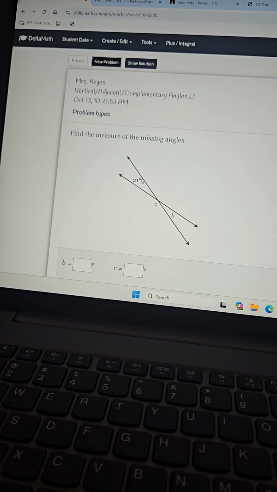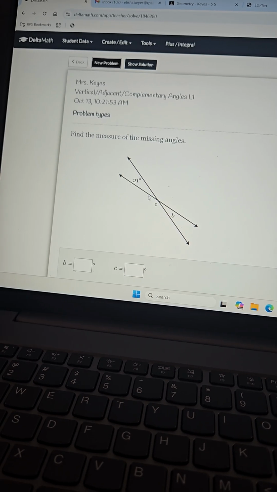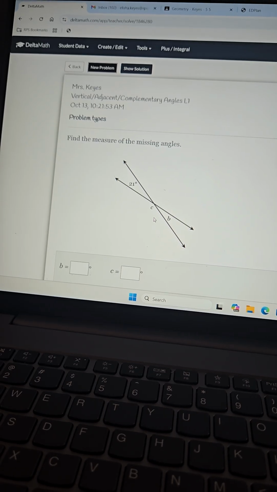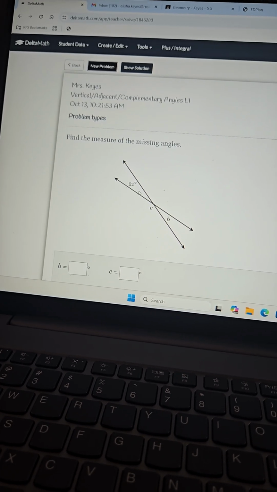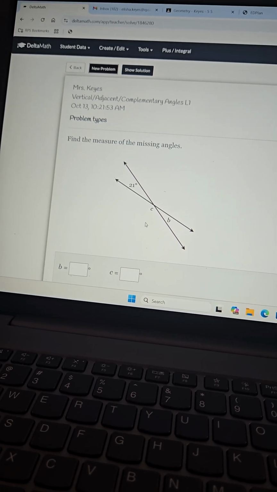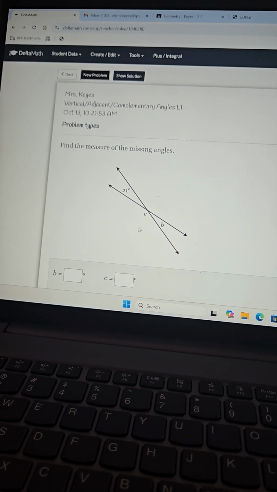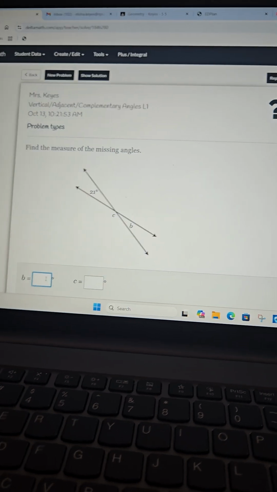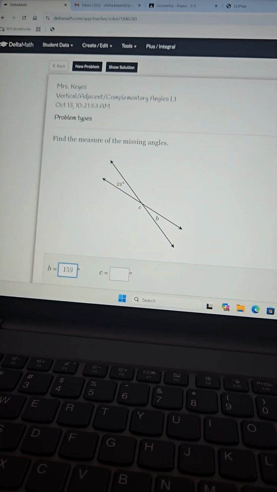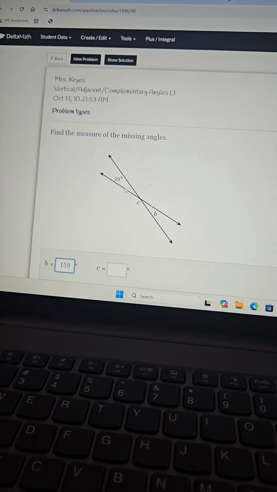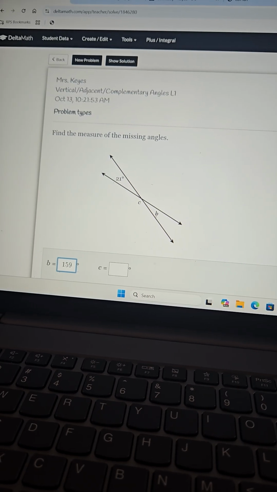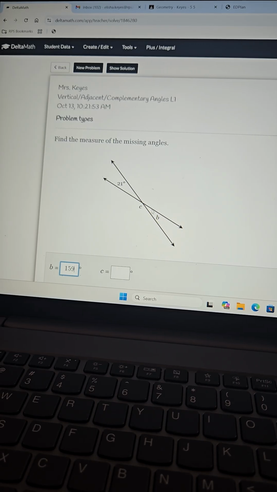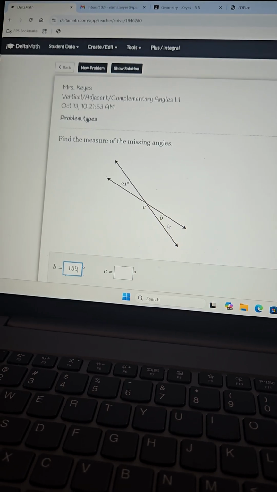This angle and this angle here create this line. So once again, if we know the whole line makes 180, the total's 180, the given's 21, 180 minus 21 would be 159, doing mental math. Okay, and once again, if you can tell that these are vertical angles, they don't share a side, but they relatively look the same and they're directly across from each other, they are equal to each other.